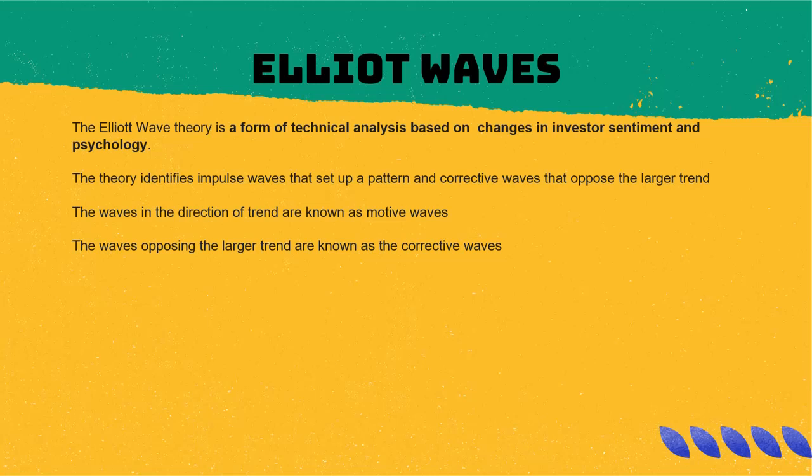So basically Elliott waves is just another form of technical analysis. Impulsive waves set up a pattern and corrective waves oppose the larger trend. The waves in the direction of the trend are known as motive waves, whereas the waves opposing the larger trend are known as corrective waves.